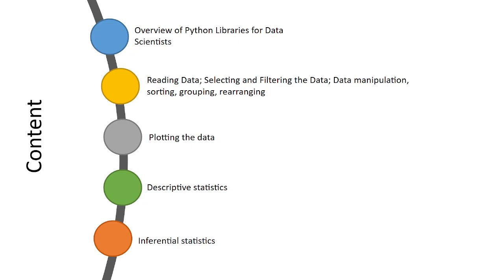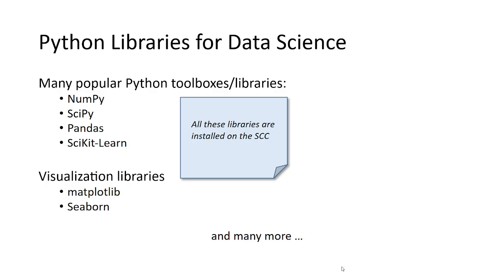The final one is for plotting the data, and for that we use matplotlib. In addition to matplotlib, we have Seaborn, which is also used for visualizing statistical information. So these are the main libraries we are going to discuss: NumPy, Pandas, Matplotlib, and Seaborn.